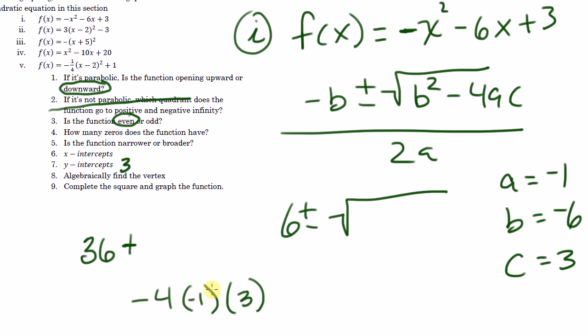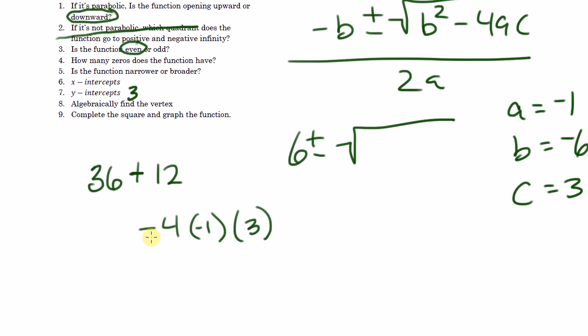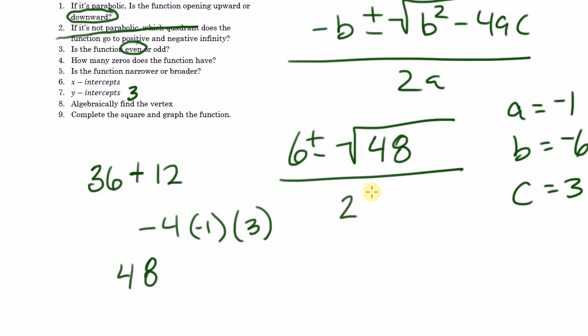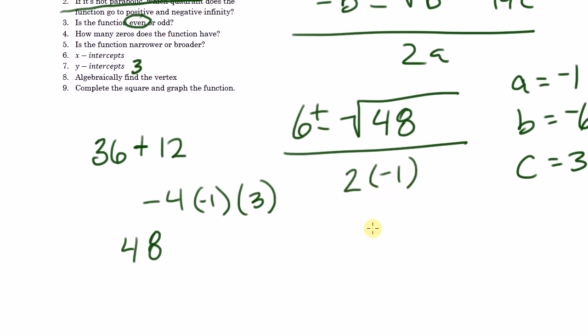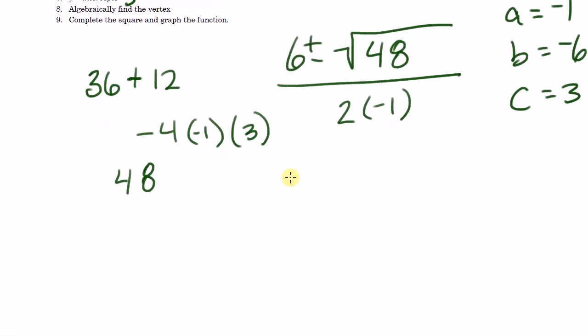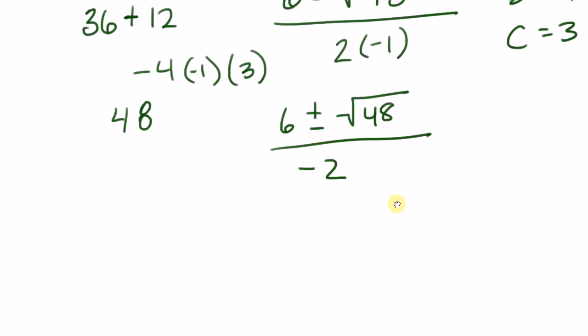Negative times negative is positive, positive times positive is positive. 4 times 1 is 4, times 3 is 12, so this is going to be 48. So we have the square root of 48 all over 2 times a, which is 2 times -1, which gives me -2. Okay, so we have 6 plus or minus the square root of 48 over -2.